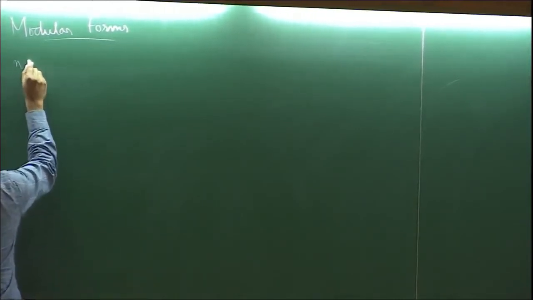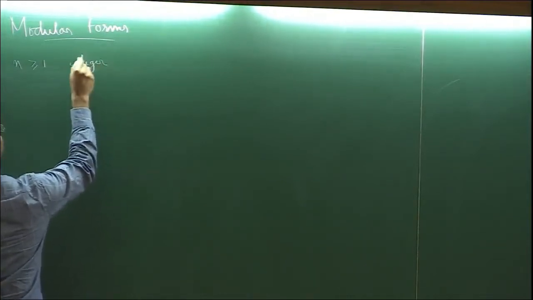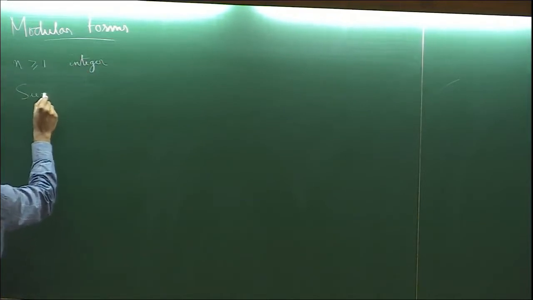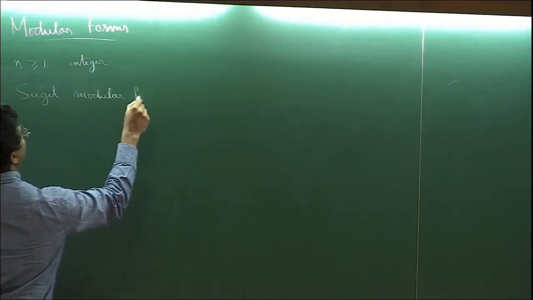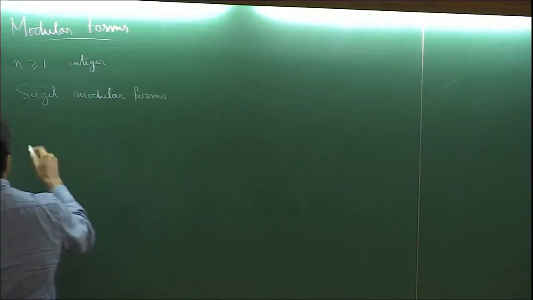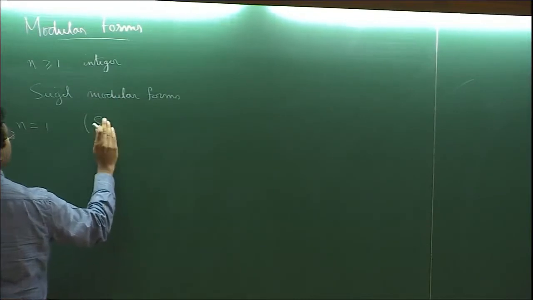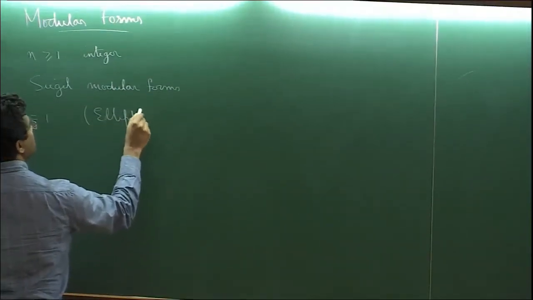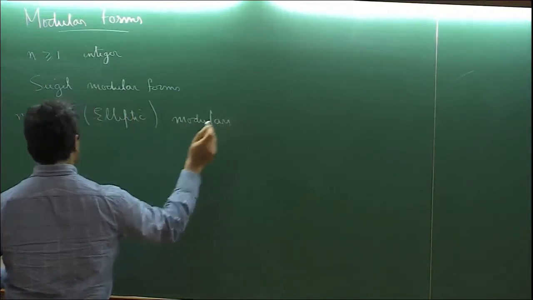Okay, so n is an integer, and then I want to define degree n Siegel modular forms. Okay, so when n is 1, you just have usual modular forms, or what are called elliptic modular forms. Okay, so I'll define these.